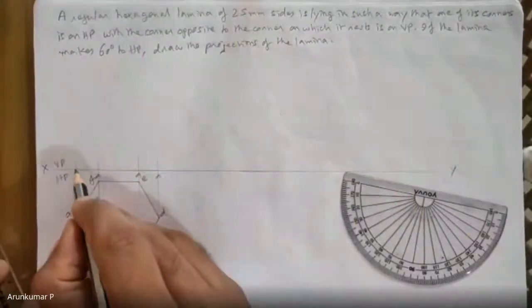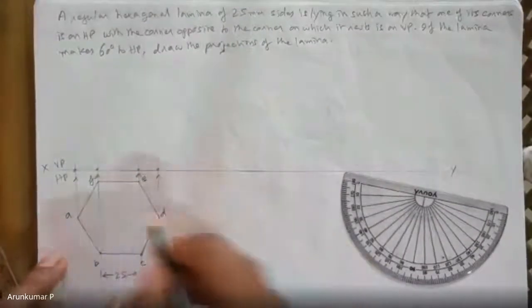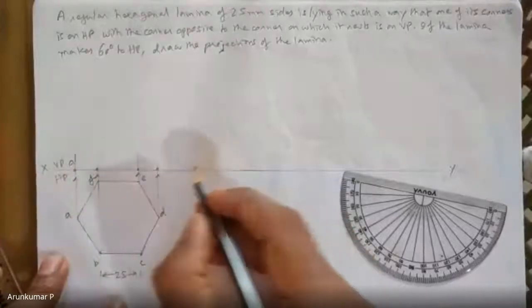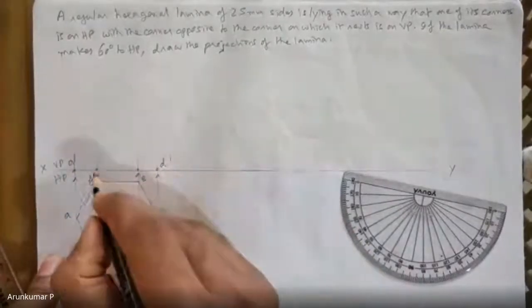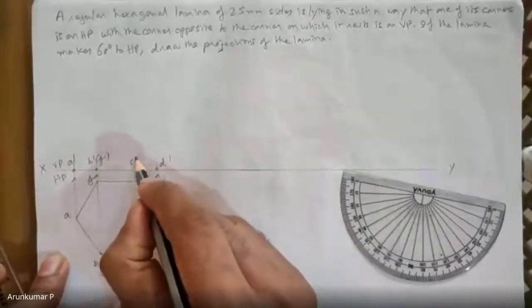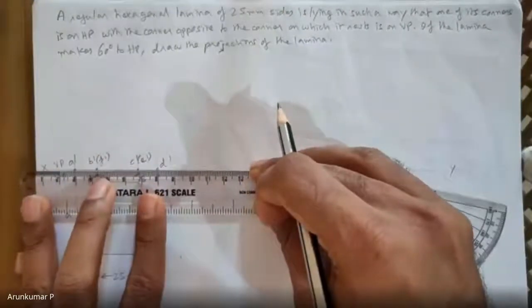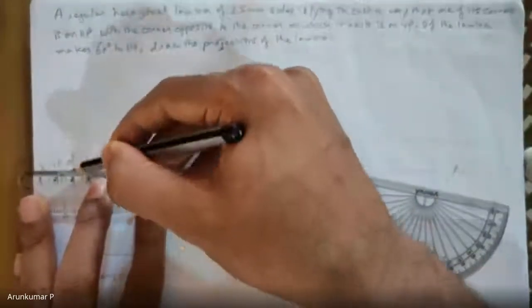All of them intersect at the XY line, so you can mark the points starting with A dash, ending with D dash, B dash, F dash, and C dash, E dash. Join these points, you will get your first step front view.